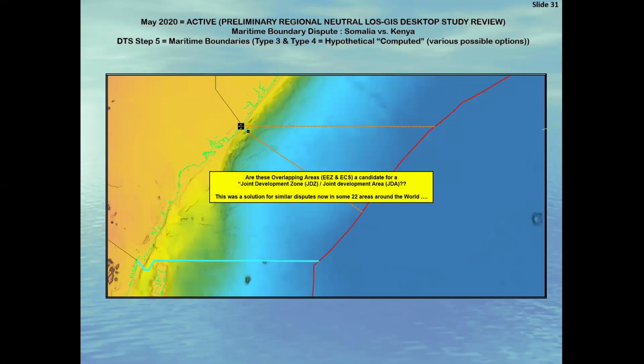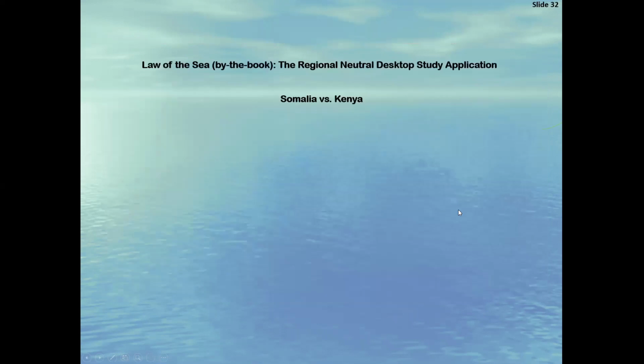But to wrap things up, it does make both of us ask the question, are these overlapping areas, the EEZ and the ECS, a candidate for a Joint Development Zone, Joint Development Area, JDA? This was a solution for similar disputes now in some 22 areas around the world. So I do throw it out there.